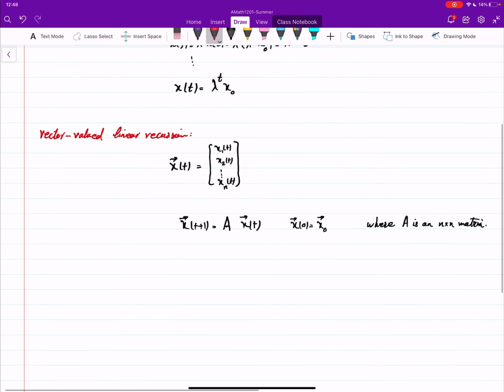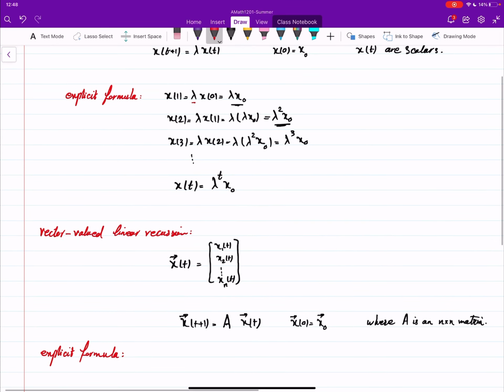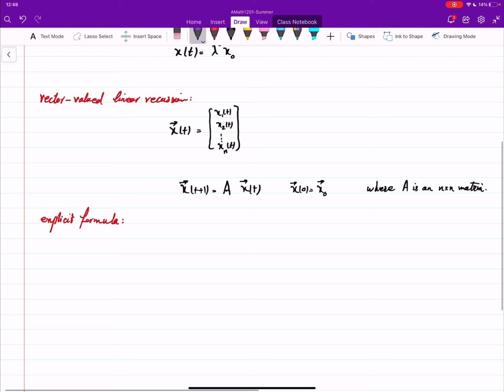Now the question is how do we find an explicit formula for this one? We want to find a formula for the vector x at t, similar to the one that we found for the scalar recursion. Well, the argument would go exactly the same way.